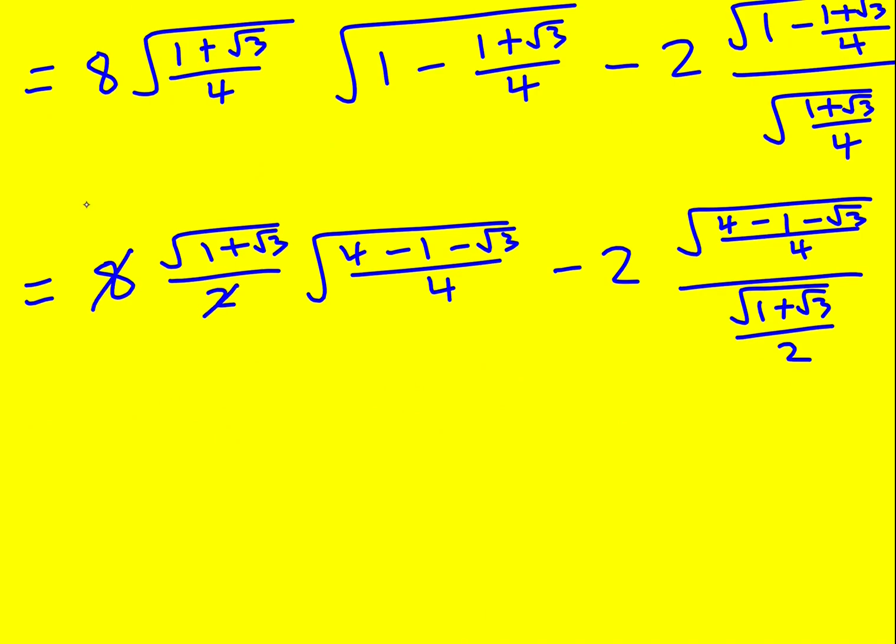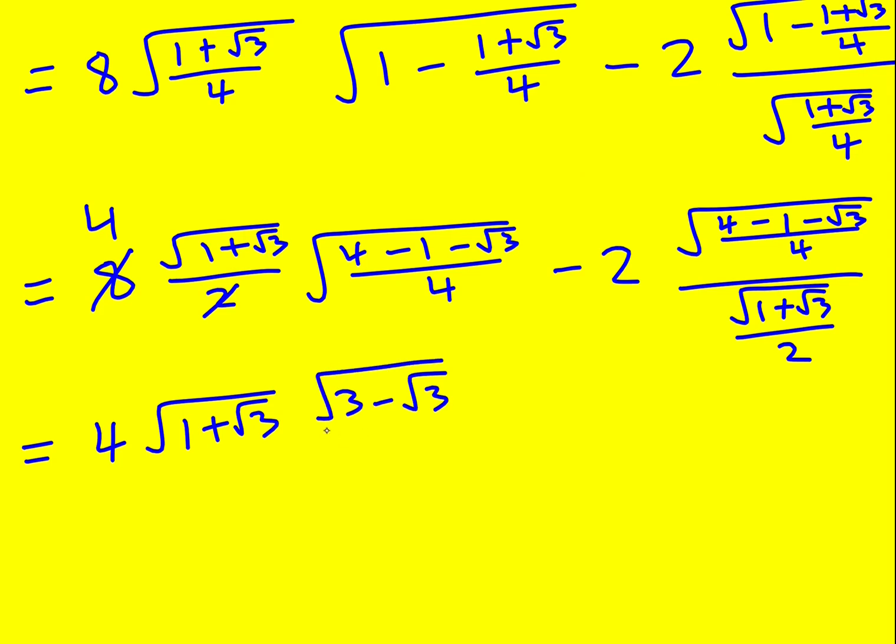This and this will partially cancel to give me 4. So 4 root 1 plus root 3. Then we've got 3 minus root 3 square rooted all over 2. So that will cancel with that partially.